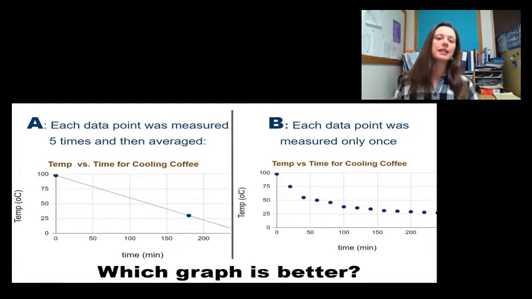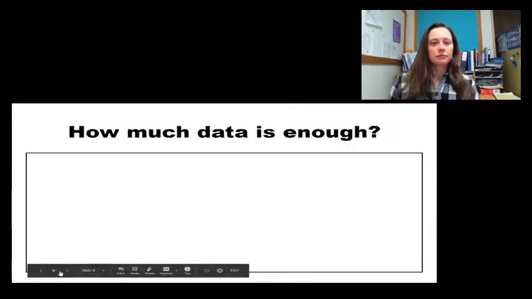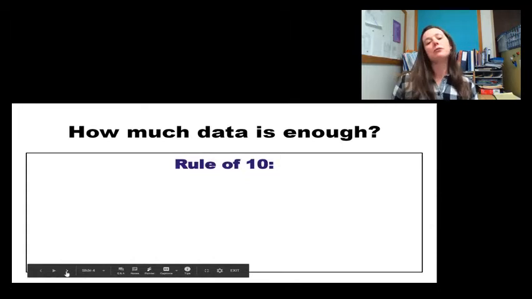All right, when you look at this, you can really see a trend much more clearly in data B. Even though both students took the same amount of data, being able to see a wide spread in the data makes it really helpful to be able to see trends in data. So when we look at how much data is enough data, we sometimes use the rule of 10.